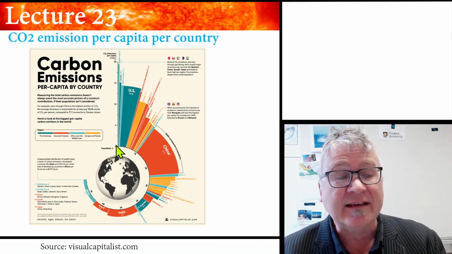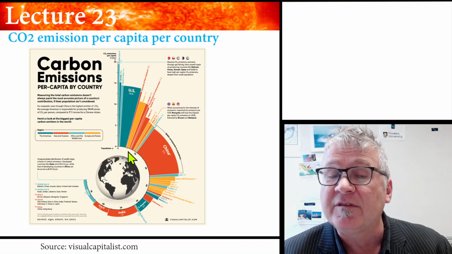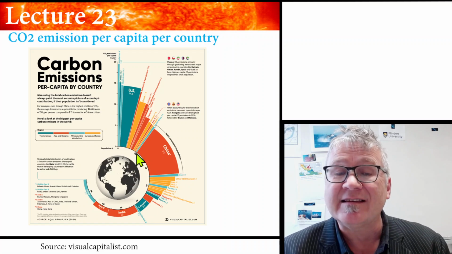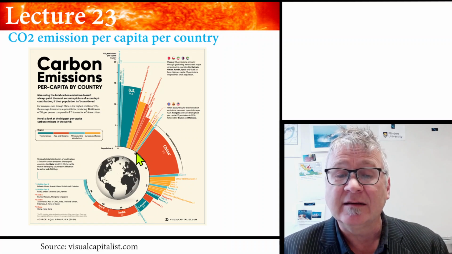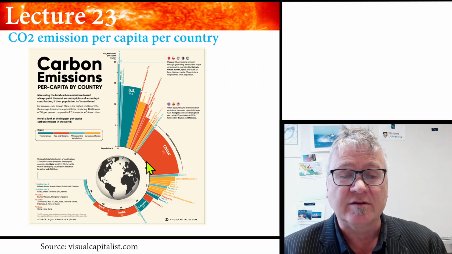And then the axis which runs around the globe gives you for each country the population size. That's why China has a much longer segment compared to smaller countries.